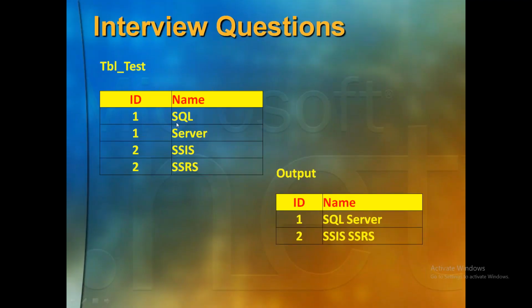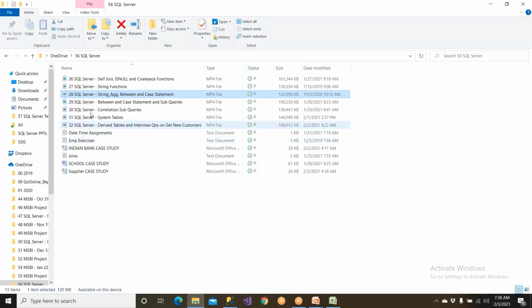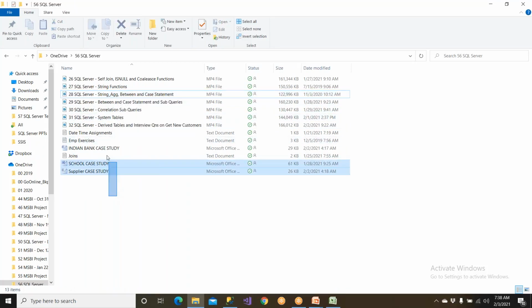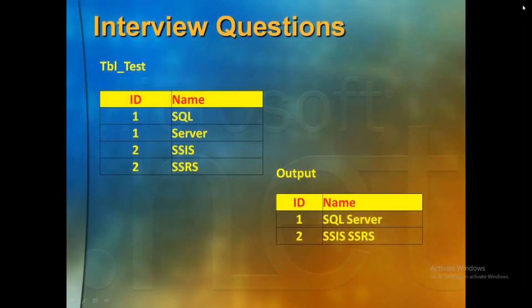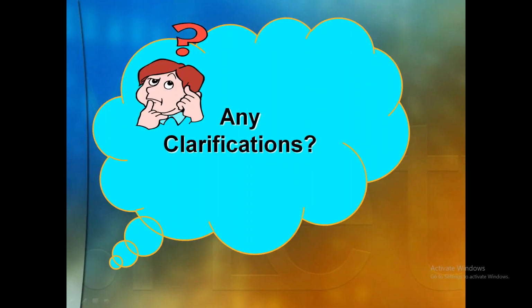When the column ID is the same, I would like to have SQL and Server like this. So if the column ID is the same, you need to put it like this. This can be done with the help of this string aggregate video. Please watch and make sure you have downloaded these videos. I will be deleting these videos probably today, end of the day. Clear? So make sure that you have downloaded all the videos.